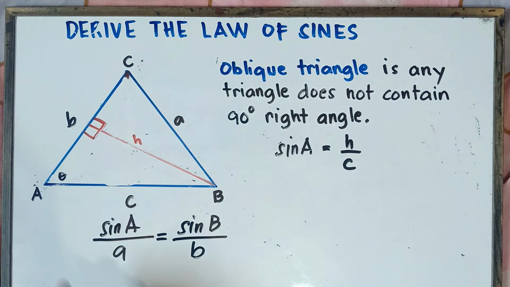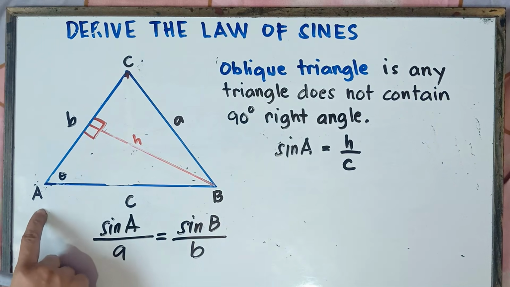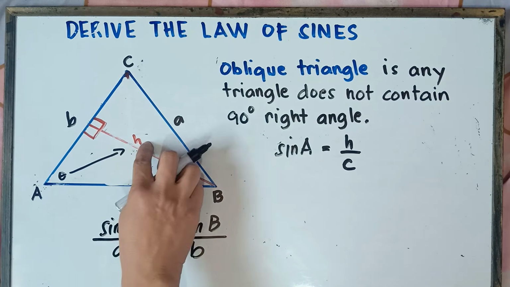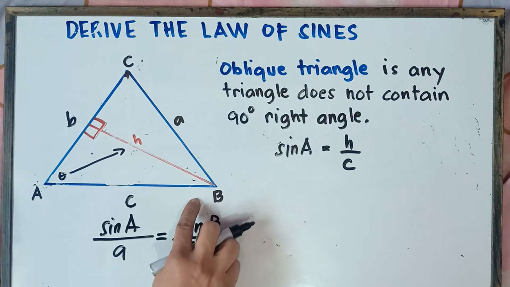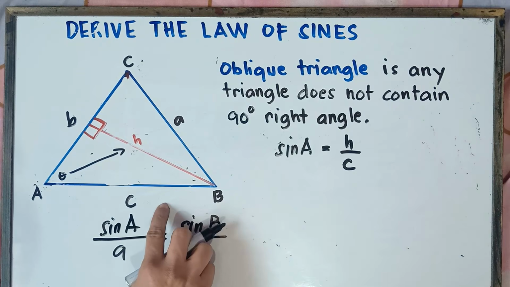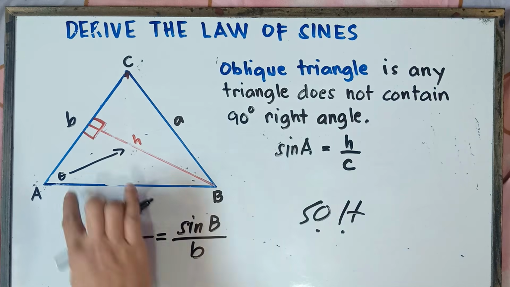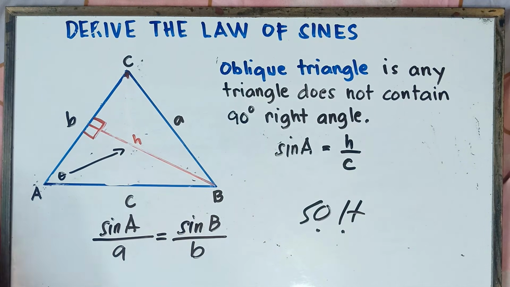Once again, class, if this is the reference angle, the side opposite of this reference angle is the opposite. The longest side is the hypotenuse. So, opposite over hypotenuse. Opposite is H, hypotenuse is C.